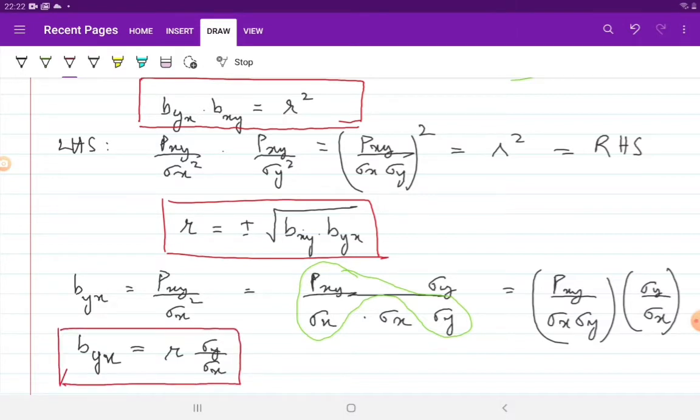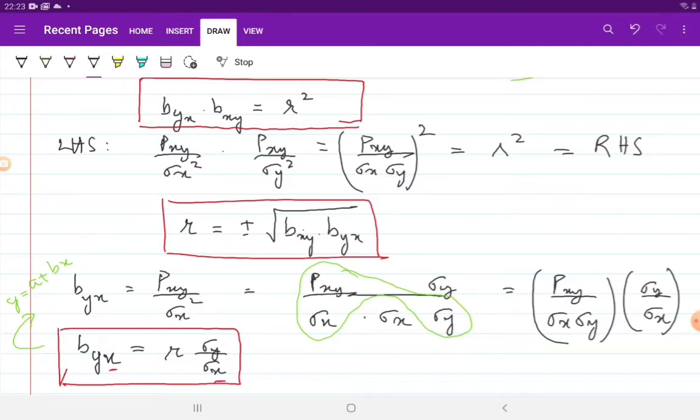Remember, the trick to remembering this is byx is the regression of y on x. That is, y is the dependent variable and x is the independent or explanatory variable. So the trick to remember this is the explanatory variable is x, so in the numerator you will have standard deviation of x.